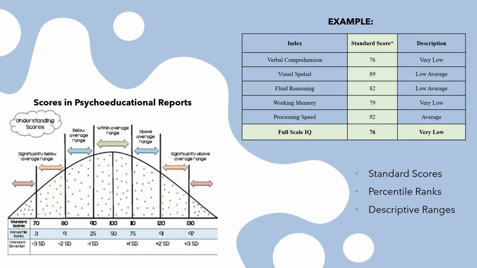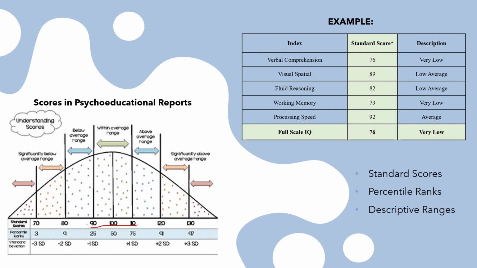One of the scores that I use to describe a student's performance based on the tests that I give are called standard scores. If you see on the first part here, it goes from 90 to 100, about 110. So if you look here, from 90 to about 110, for most tests that I give, that's where you would see what we would consider a student who falls in the average range, right where we would expect.